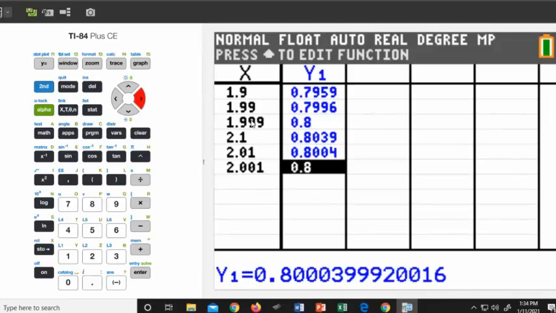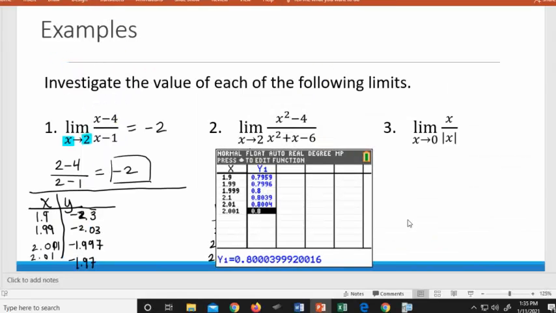Again, it shows 0.8, but it's really not. So you can probably imagine both sides are heading toward a y coordinate of 0.8. Is that fine? I don't know if that's cheating, but I did it anyway. So let's put equals 0.8 because I need to answer the question.